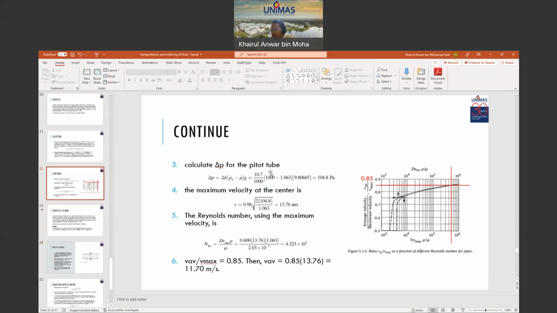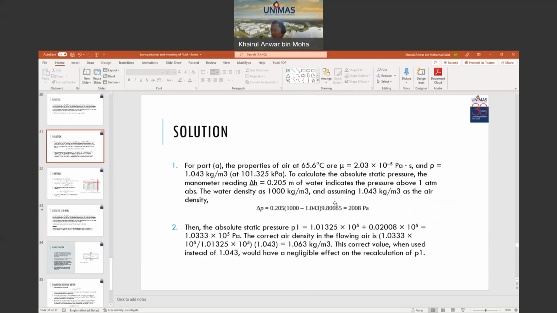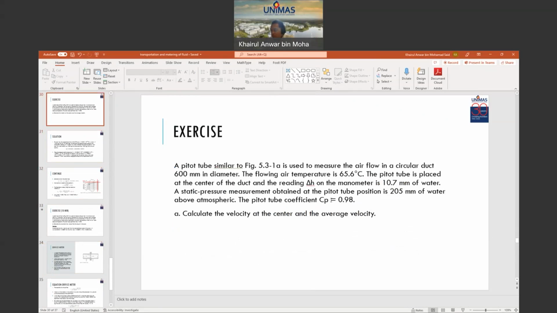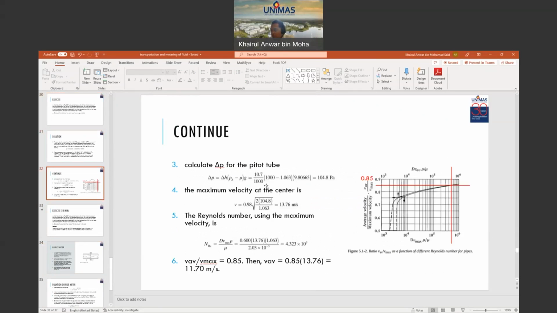Calculate delta P for the pitot tube now. So delta P equal to delta H times (rho water minus rho air) times g, equal to 10.7 over 1000, so 10.7 you get from delta H here over 1000, times 1000 minus 1 for water and air, and gravity.